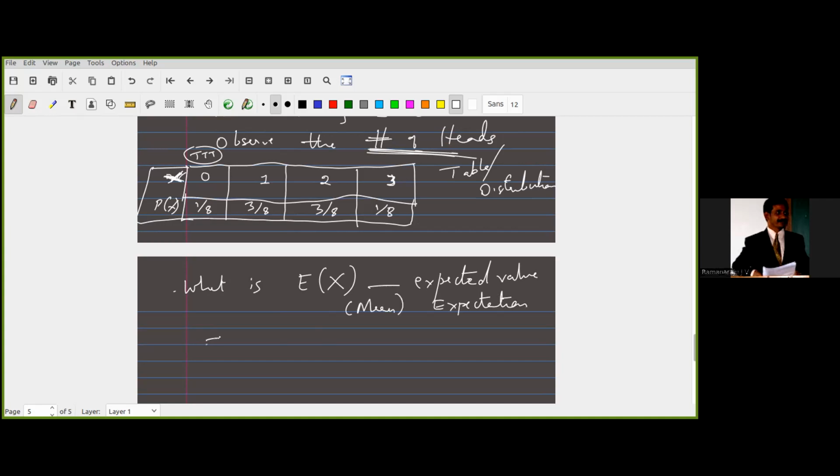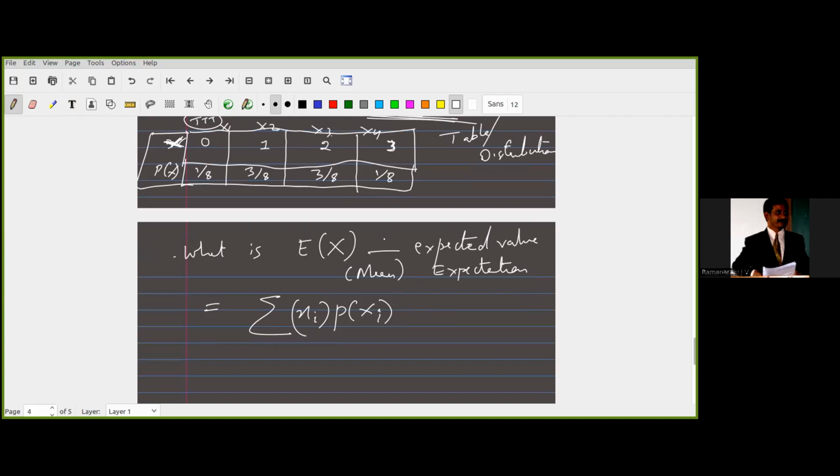It is given by the summation of xi, multiplied with the corresponding probability. So x1 has probability 1 by 8, x2 has probability 3 by 8, x3 probability 3 by 8, x4 probability 1 by 8.